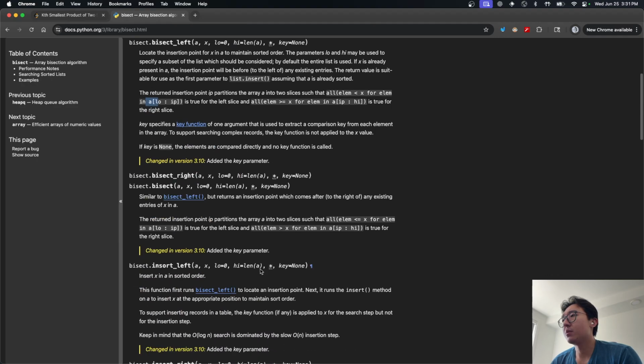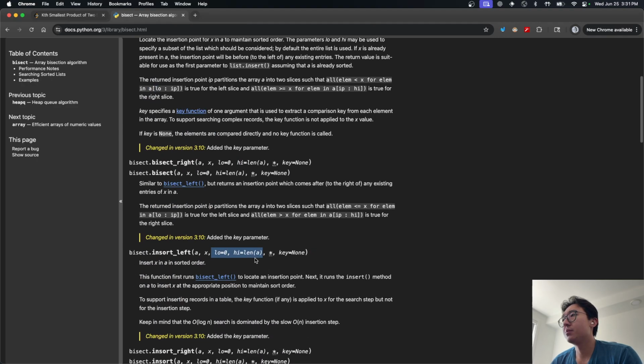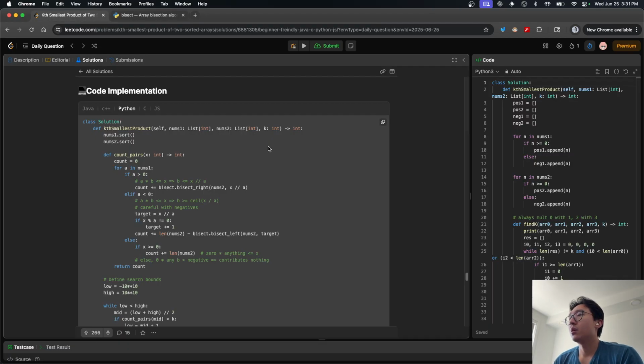This is a range, right? Probably. Yeah, that makes sense. Okay. bisect_right of x, we're gonna insert nums2.